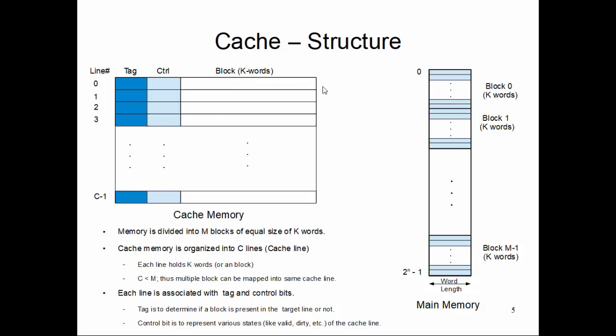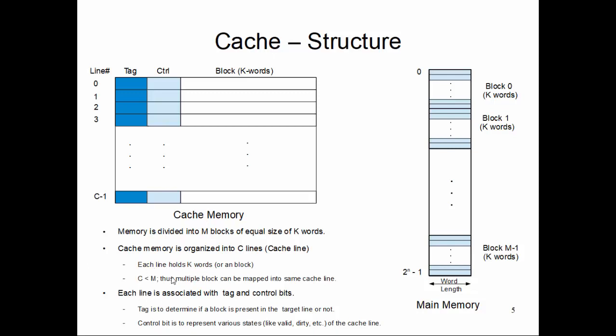What does it mean? Let's say a word is 32 bits. So 32 bits multiplied by k, that many bits are stored in one line. And each group of 32-bit words sequentially represents the words from lower memory address to higher memory address in that block. In other words, each cache line contains an entire block of information.